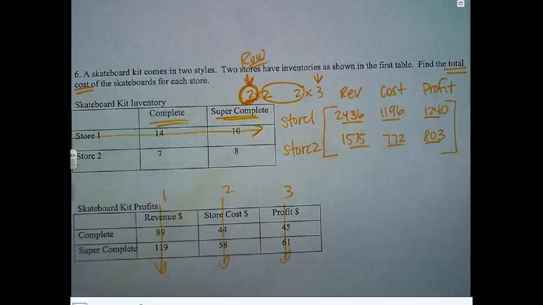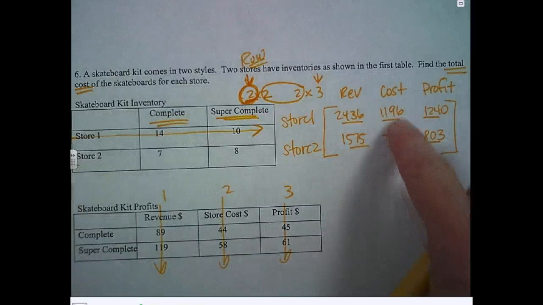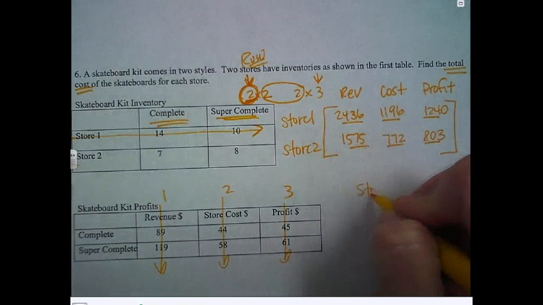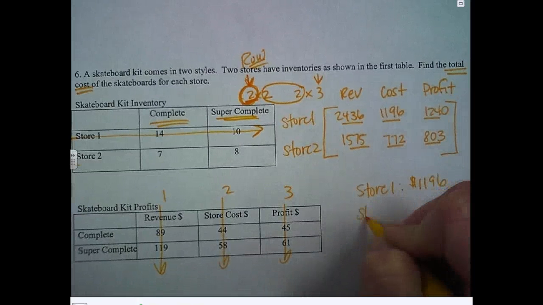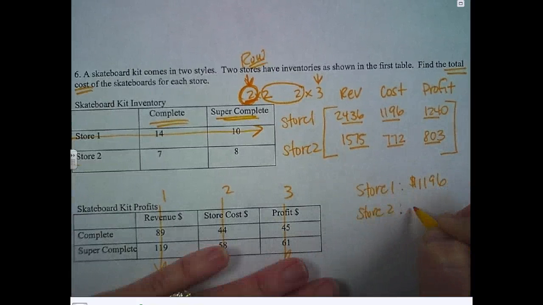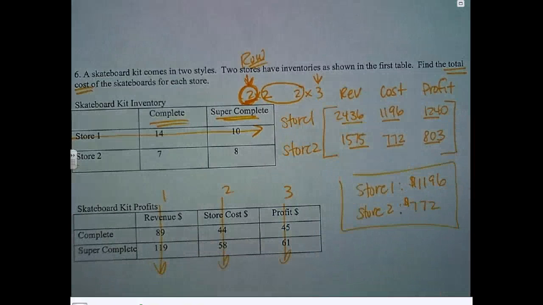That's why we're multiplying and adding, right? That's why it works. Okay, I'm asking for total, okay? So total cost would be right here. Store 1 is $1196, and store 2 made a total cost of $772. Okay? All right, now you can work on your homework.